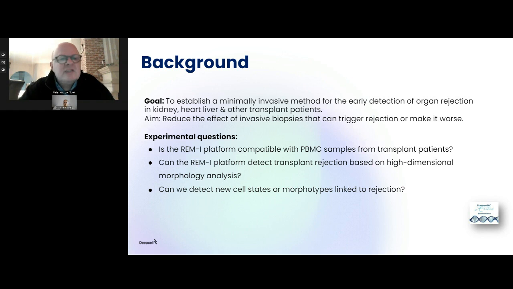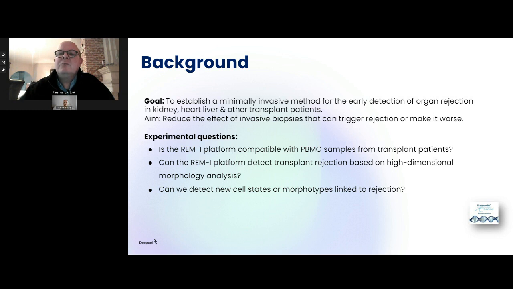Now, our hospital has obtained from transplant experiments for years and years a huge biobank. So we know exactly from patients historically what was happening and when. After the transplant, weekly PBMCs were collected and frozen down in the biobank.